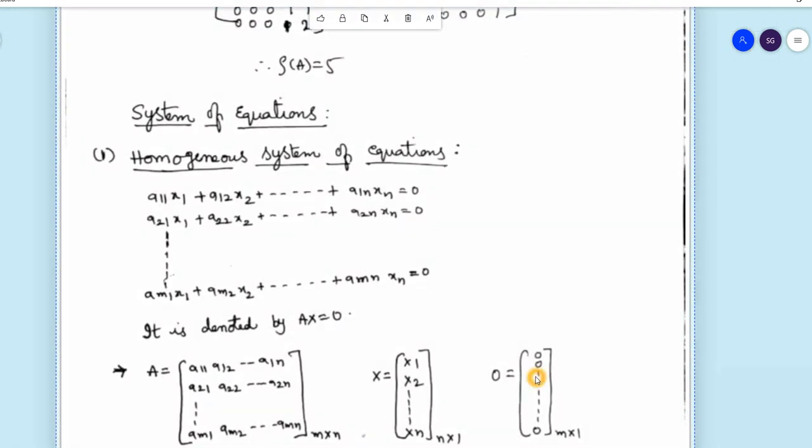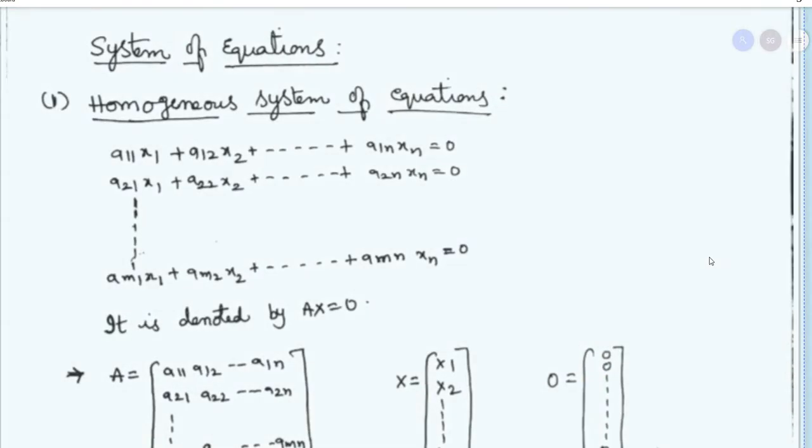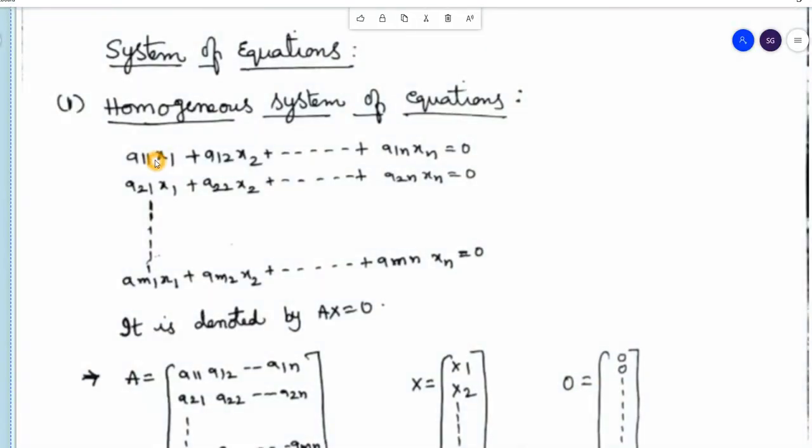As you're looking in the PPT, the homogeneous system of equations will look like this, where the first equation is a11x1 plus a12x2 plus so on a1n xn is equal to 0.